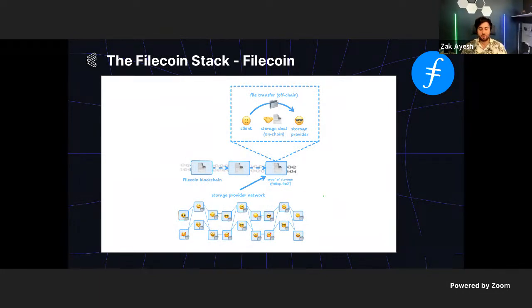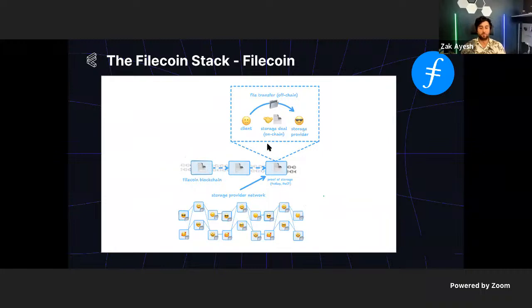So you have the storage provider network here at the bottom. They're all running their nodes. In the middle, you see the Filecoin blockchain. This is actually being run within the storage provider network here in each of the nodes. So this is kind of like a logical thing.